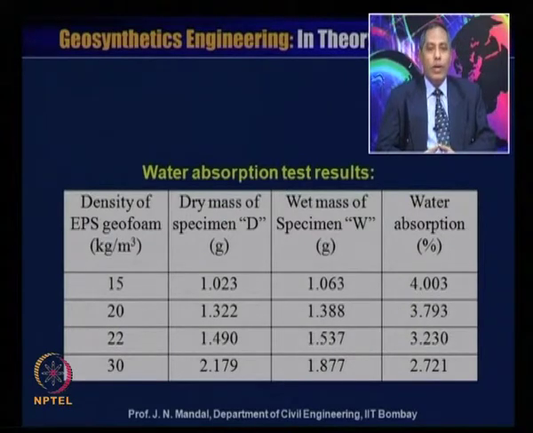3.230%. Now, when the density of the EPS geofoam is 30 kg per meter cube, the dry mass of the specimen D is 2.179 gram, and the wet mass of the specimen W is 1.877 gram. So, water absorption is 2.721%.